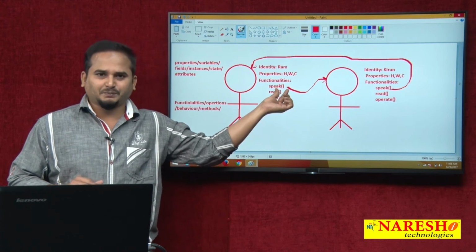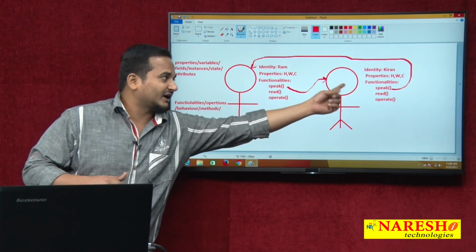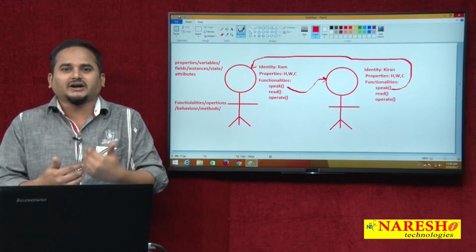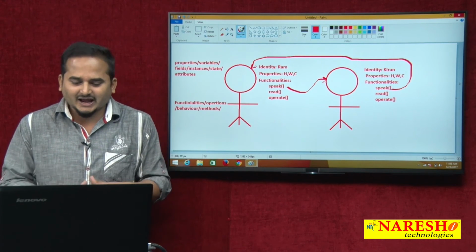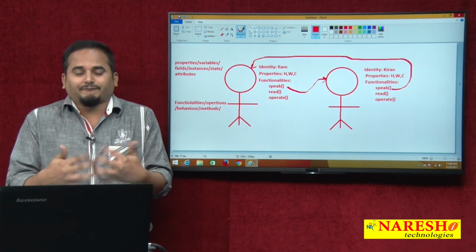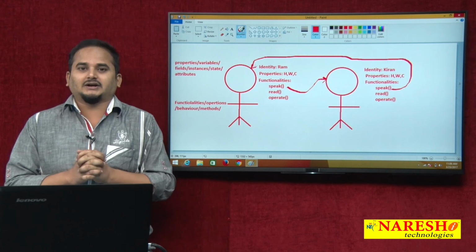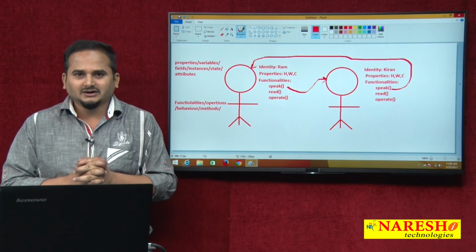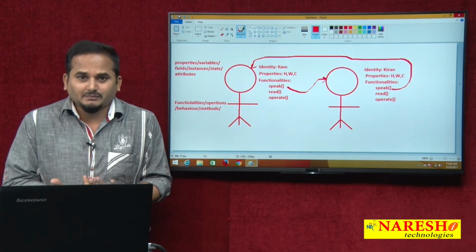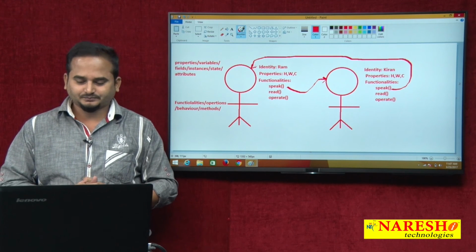So here Ram wants to communicate with Kiran. How? With the help of speak. Again, for giving the reply, Kiran is also using the same functionality, speak. With the help of the speak operation, both objects communicate. Maybe the communication is one way, or sometimes two-way communication.